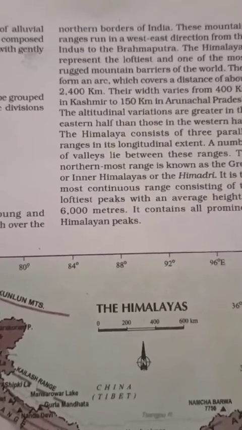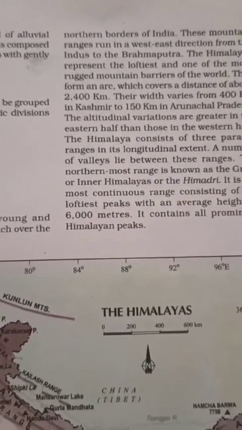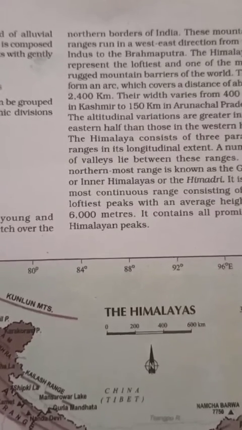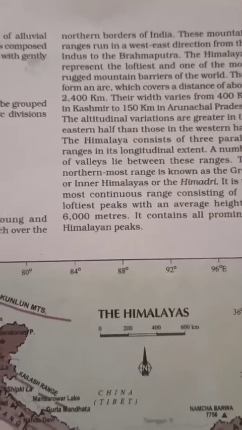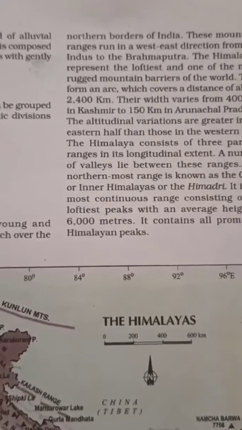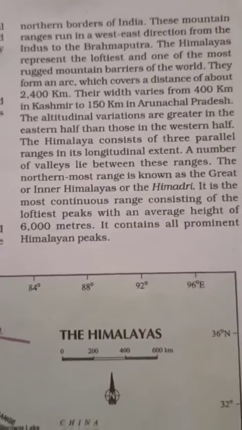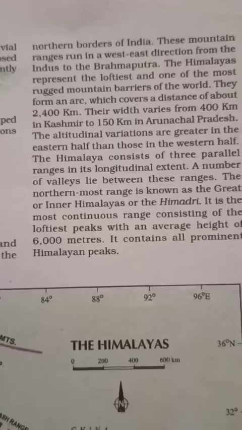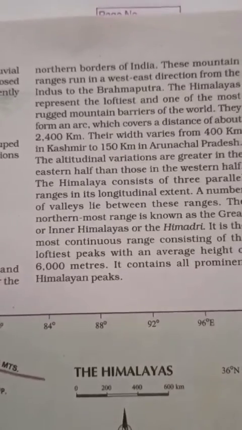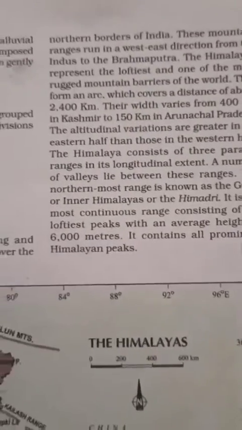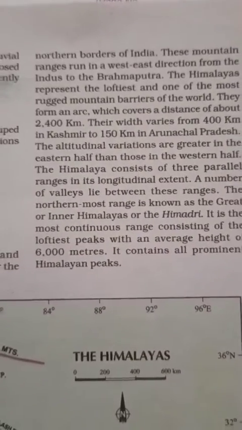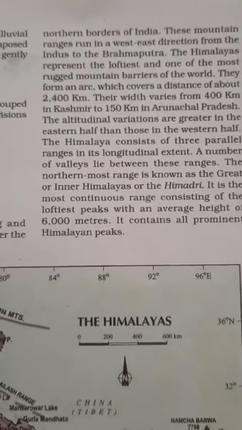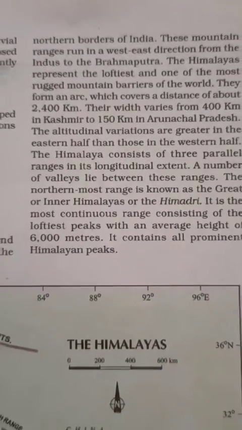It is the most continuous range consisting of the loftiest peaks with an average height of 6,000 meters. It contains all prominent Himalayan peaks such as K2, Zanskar, Nanga Parbat, Karakoram Peak, and the Kailash range also.